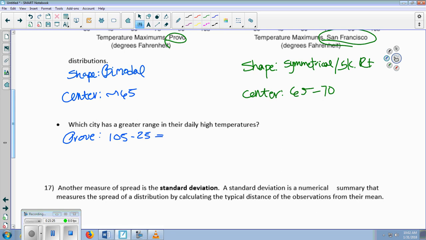We're just estimating. We don't have the actual max and min data points. And so the range in Provo is 80, and in San Francisco, it looks like it ranges from about 90 to 50. So the range is 40 degrees. That does give some information about these 2 distributions.